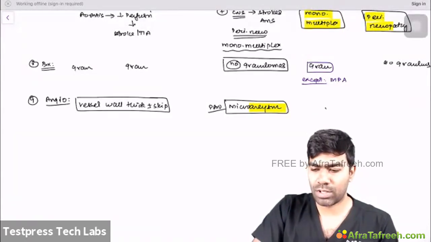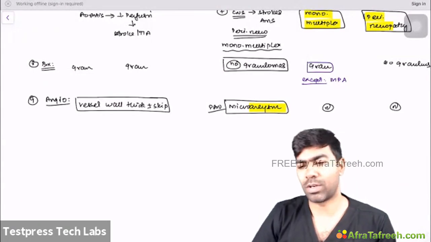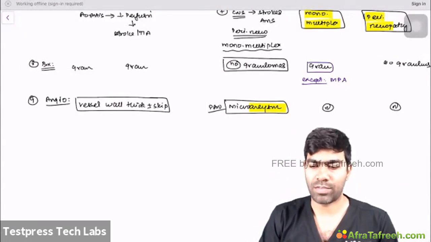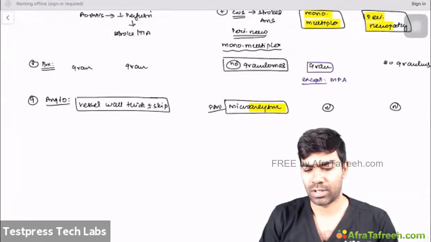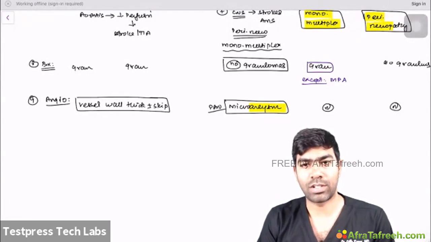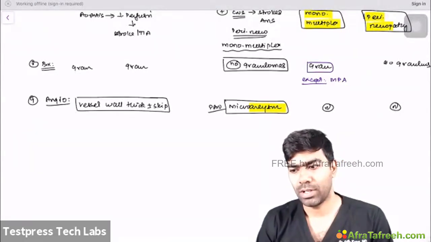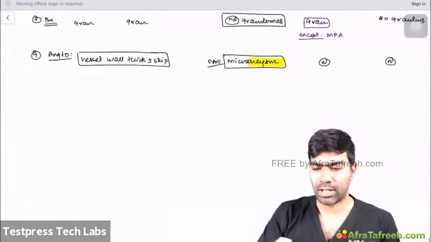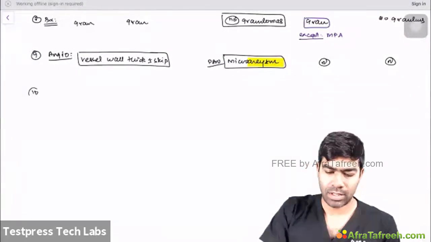But in the setting of small vessel vasculitis, the angiogram is going to be completely normal. You don't see any finding at all because small vessels cannot be seen by angiography in the first place.